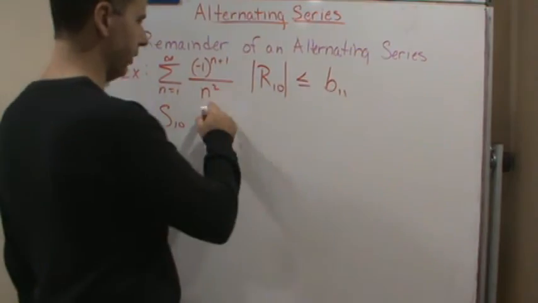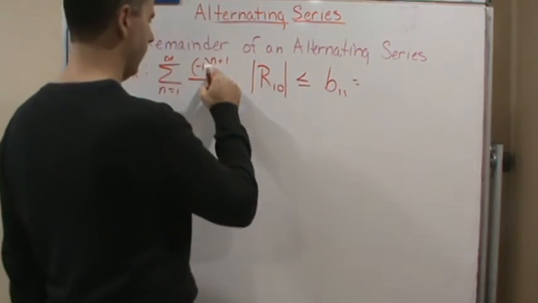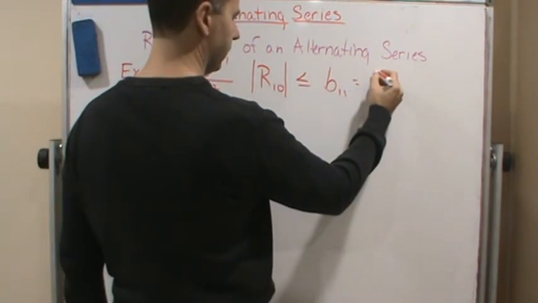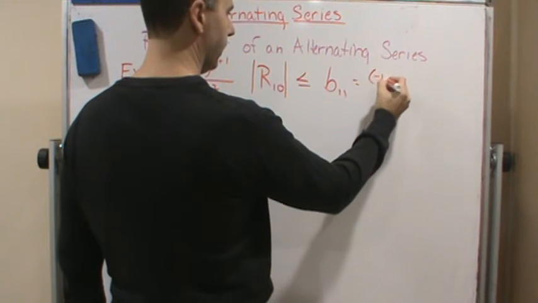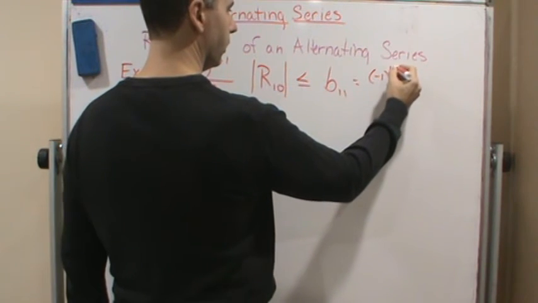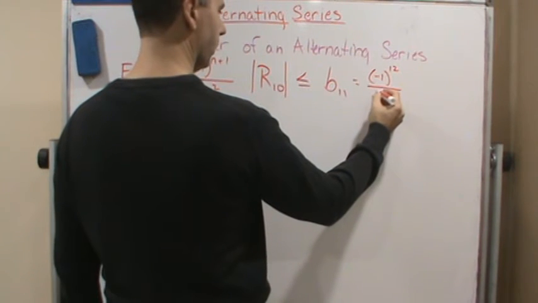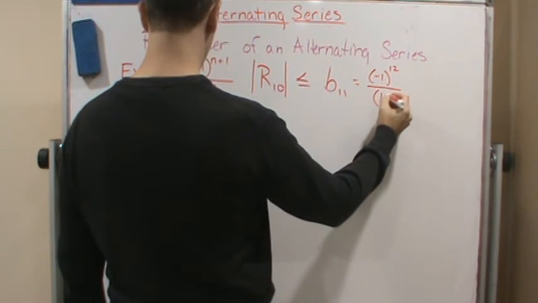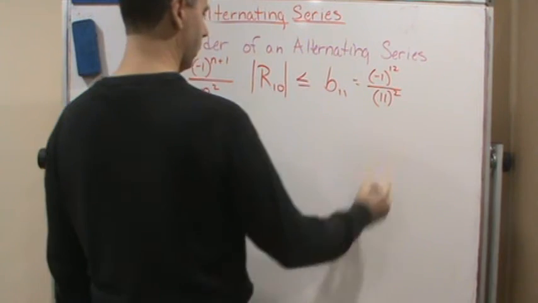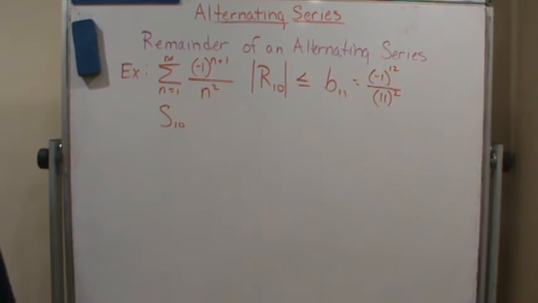Well, what's b sub 11? We just stick in 11, so this is going to be negative 1 to the 12th over 11 squared.